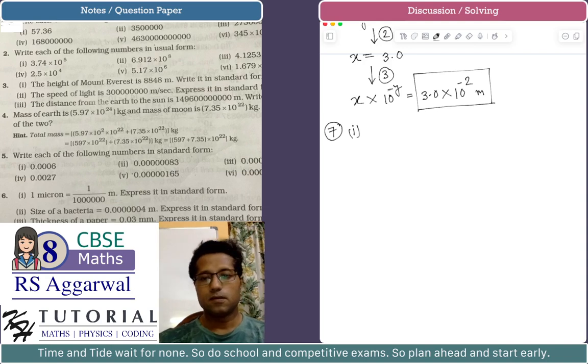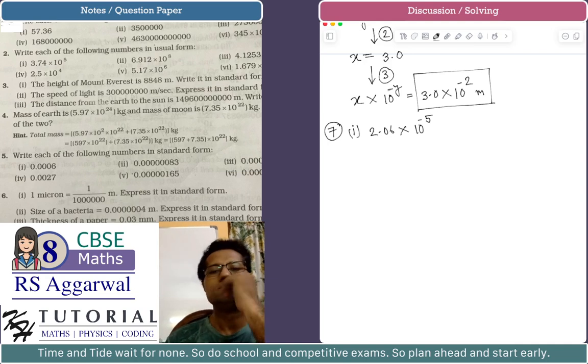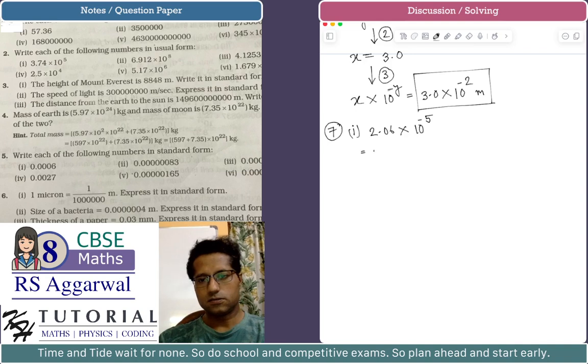Part 1, 2.06 multiplied by 10 to the power minus 5. So these are very small numbers. We have to express them in usual form. Problem number 2 was expressing very large numbers in usual form. Okay. So 2.06 is 206 divided by 100, which is 10 square.